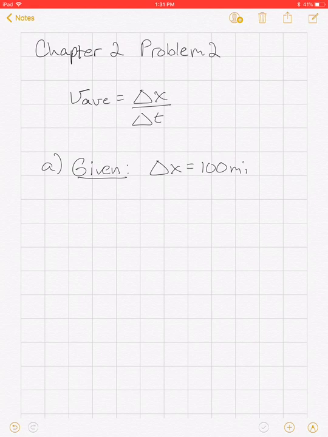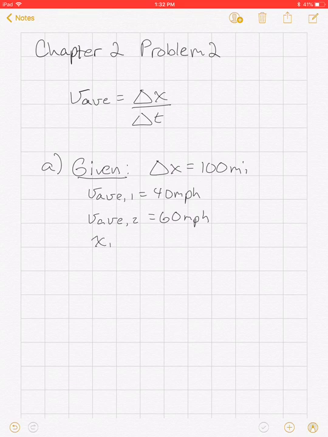So our average velocity for part 1 is 40 miles per hour, and our average velocity for part 2 will be 60 miles per hour. And since we're going half the distance, delta x1 is going to be 50 miles, and delta x2 will also be 50 miles.